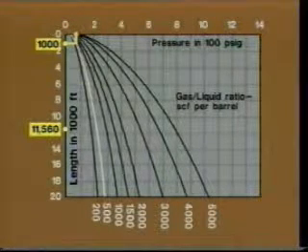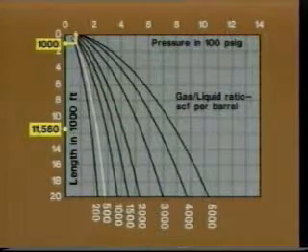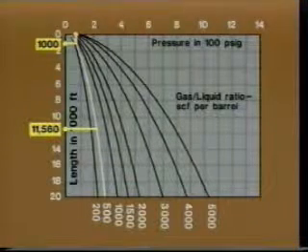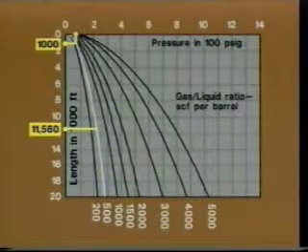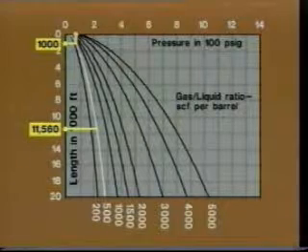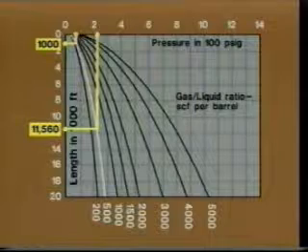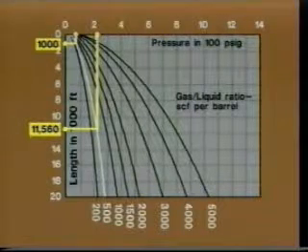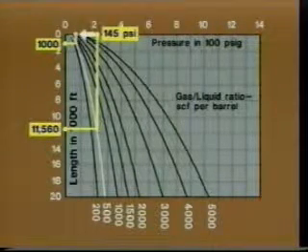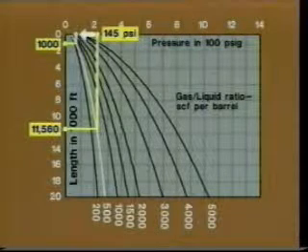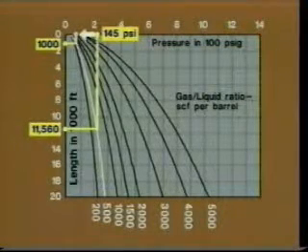Enter the vertical axis at 11,560 feet and proceed horizontally until the GLR of 500 standard cubic feet per barrel is reached. Read vertically to arrive at a wellhead pressure of approximately 220 psi. This indicates that the pressure drop through a 3-inch ID flow line would be 145 psi.